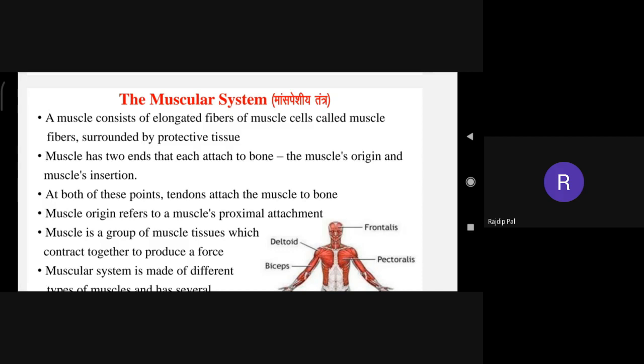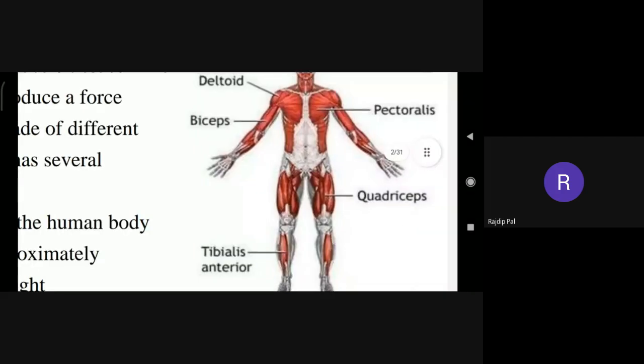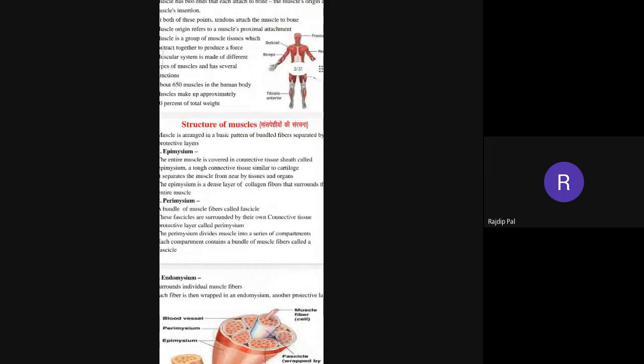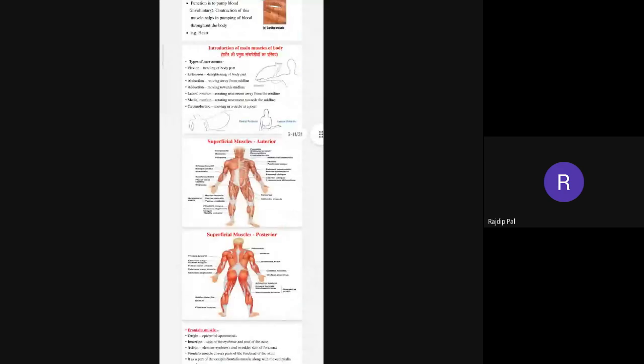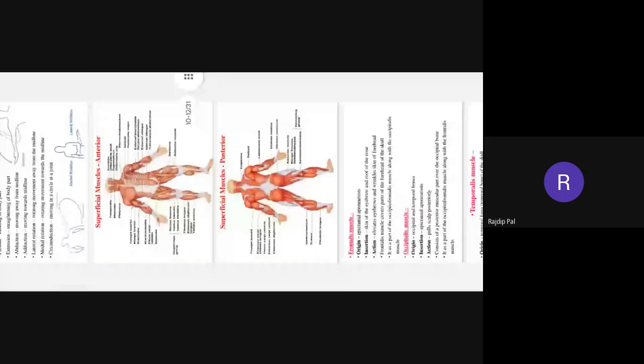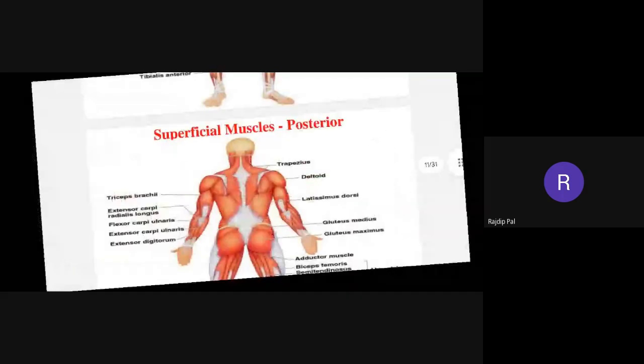You can see here in the picture the white colored surface. You can see the red colored surface is muscles, obviously. Here you can see muscles are reddish.